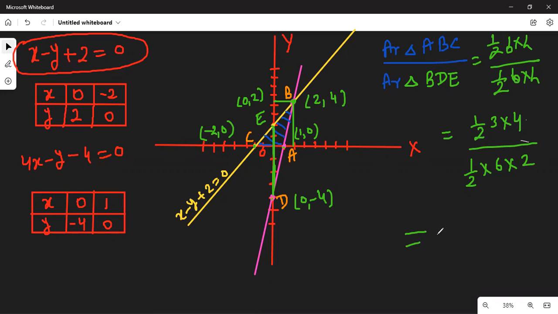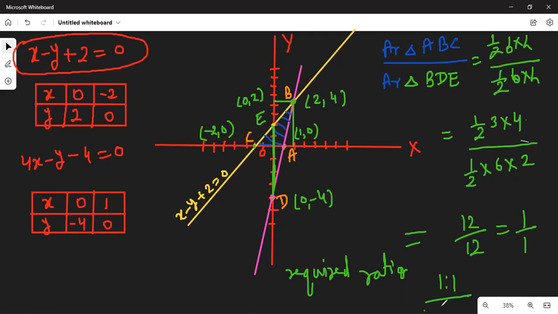All right, and you are done. Half and half cancel. 3 into 4 is 12 over 12, which is 1 over 1. So the required ratio is 1:1. All right.